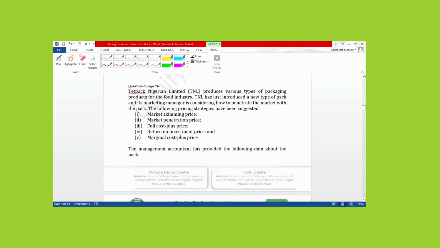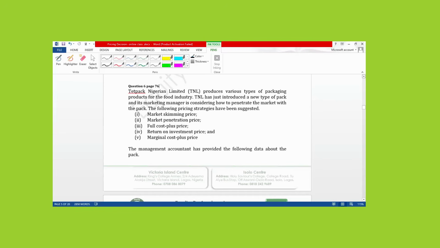I agree with you. Now the question is, when can we adopt market skimming? You have answered one part of the question.